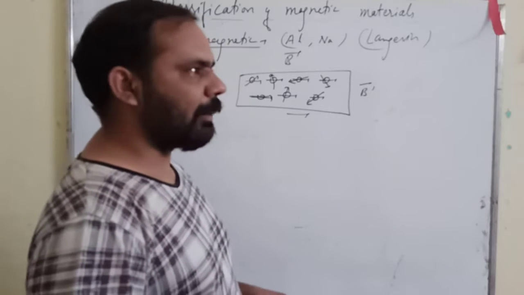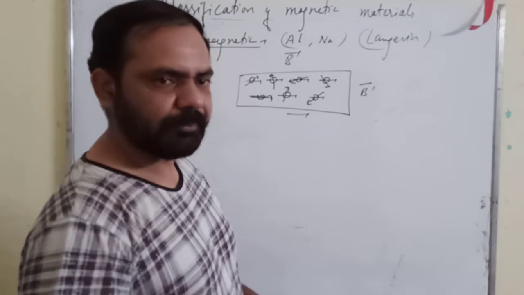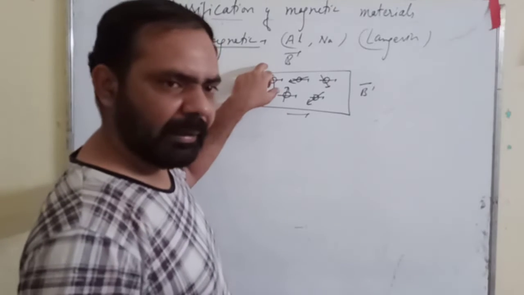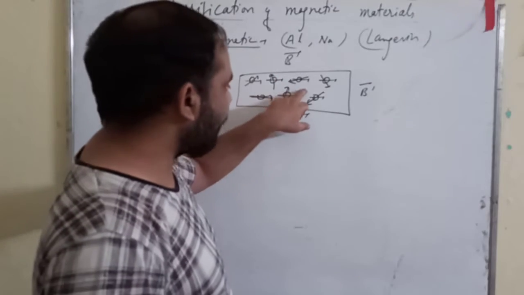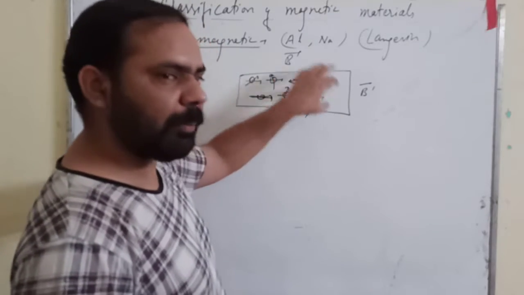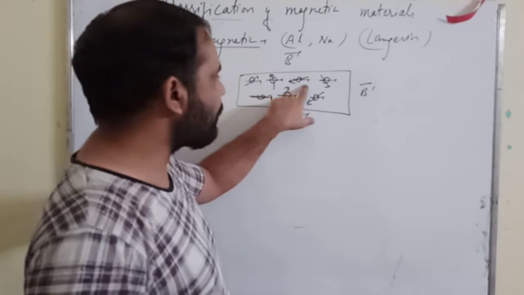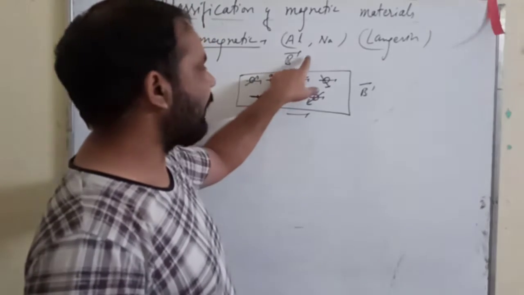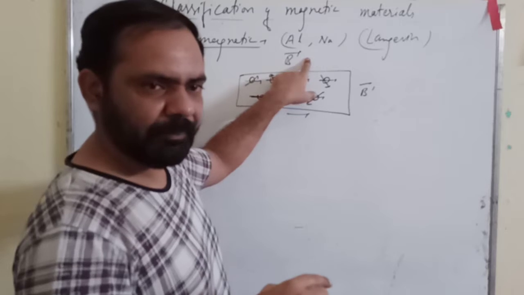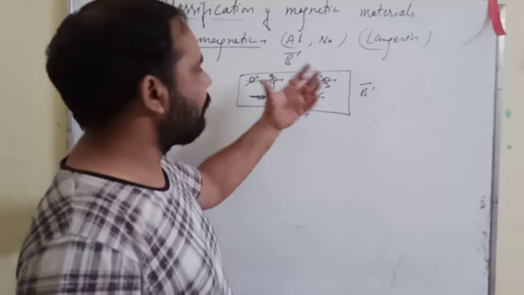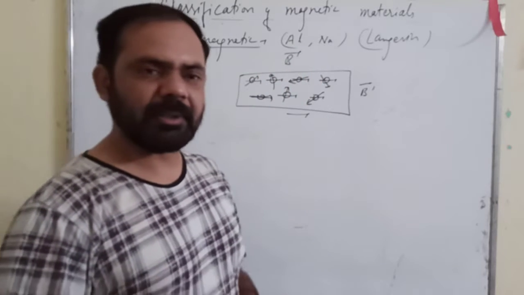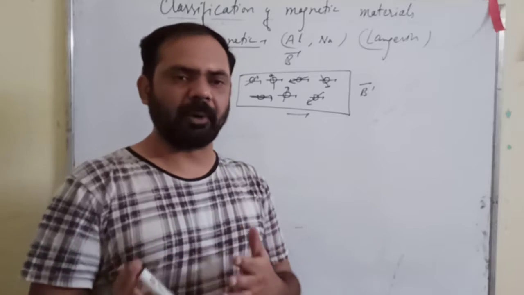When these materials are placed inside an external magnetic field, they get magnetized. They produce their own magnetic field along the direction of the external magnetizing field, right? Although the extent of magnetization is feeble, very small.